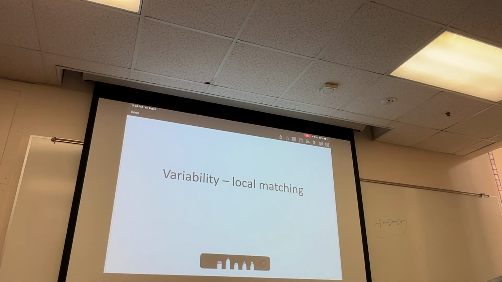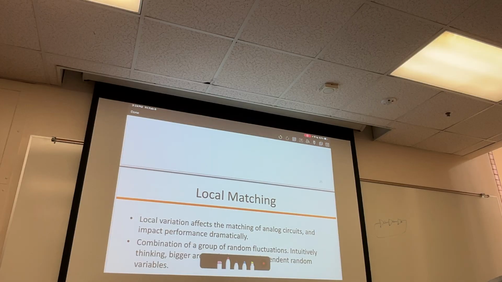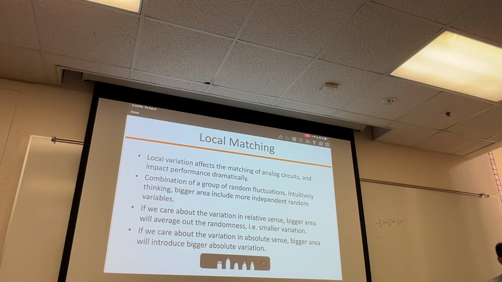Next, I'm going to focus on the so-called local matching. This is the part that will affect our circuit design a lot, and this is also something that you and I can more or less understand and control. The process corners are more like a global effect, right?